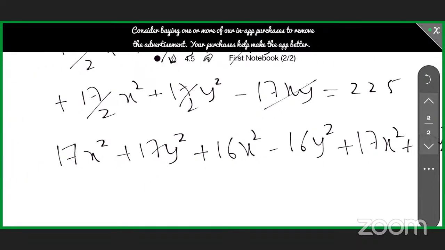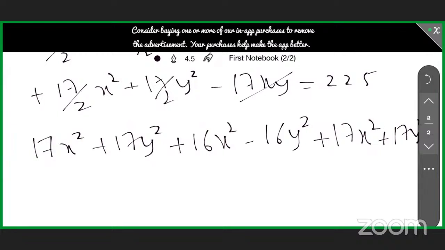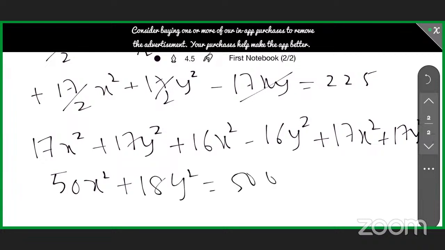So if you simplify, 17 plus 17, 34, 34 plus 16 is 50, so 50x square plus 17 plus 17, 34, 34 minus 16 is 18, 18y square is equal to 500.